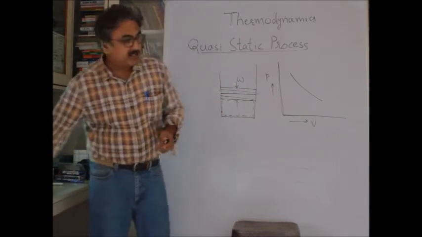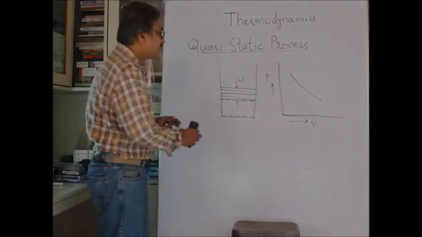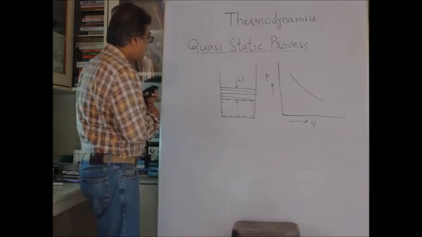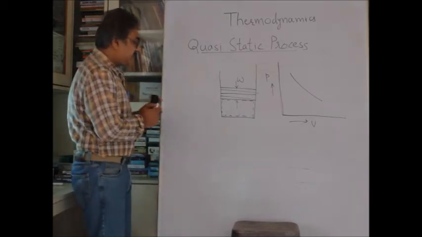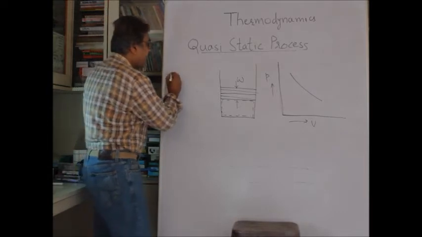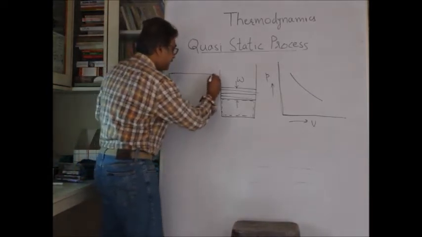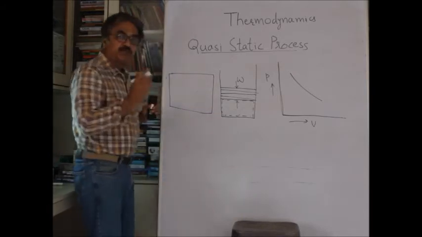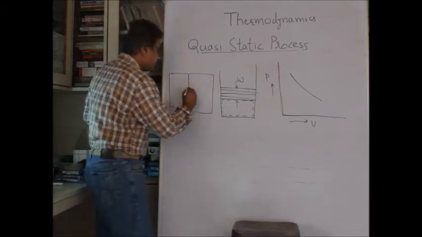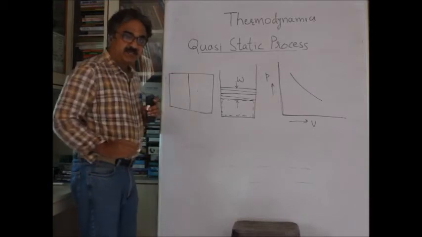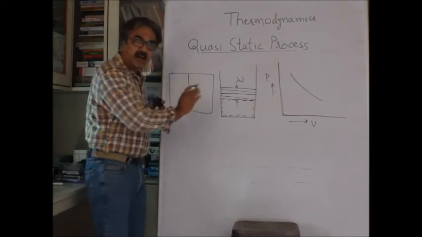Now, how can we imagine that process? Something which is easy to imagine. Let's say that we have a compartment which is split into two halves, right? It's split, and this is the partition dividing this.